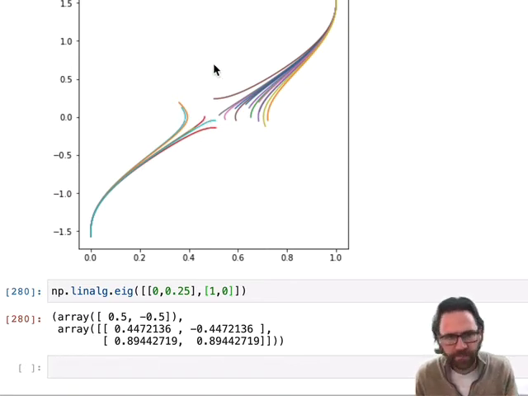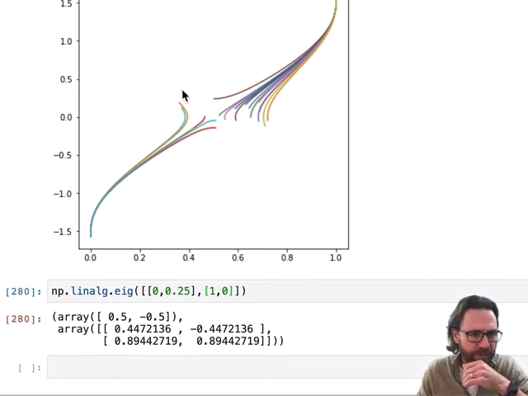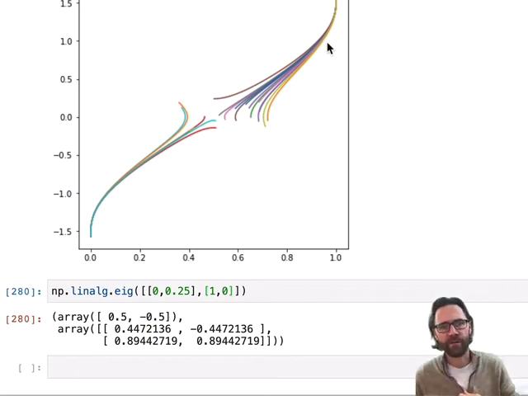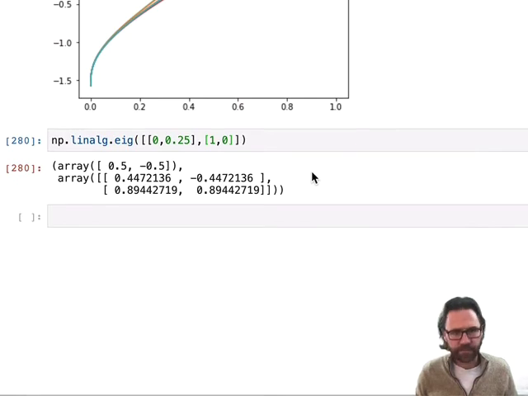So if you look into dynamical systems theory, this is the direction that's corresponding to the eigenvalue of negative 1/2. And this is the direction that corresponds to the eigenvalue of 1/2. And so things come in along the direction of the negative eigenvalue and then leave along the direction of the positive eigenvalue. And well, there's how you get the eigenvalues of that. I don't have to show you the eigenvalues of the other one. They're pretty simple.